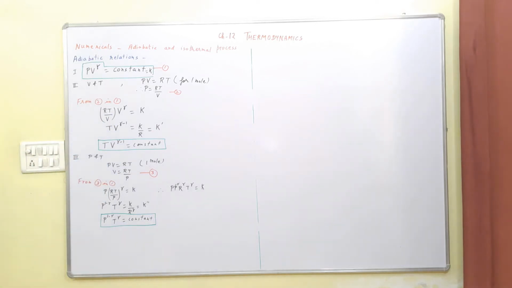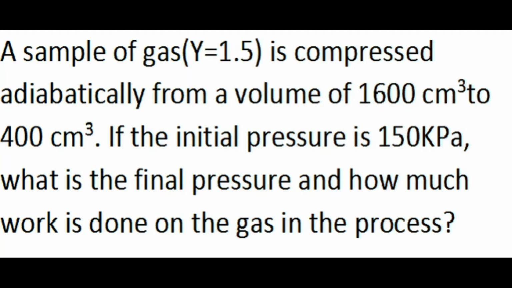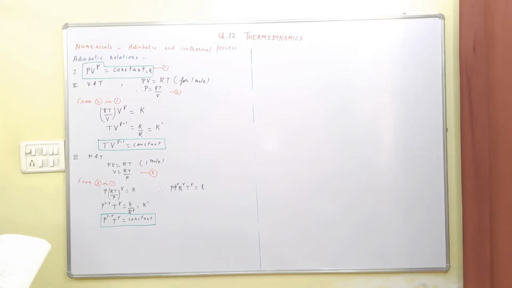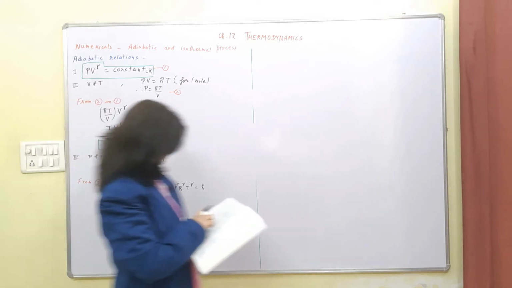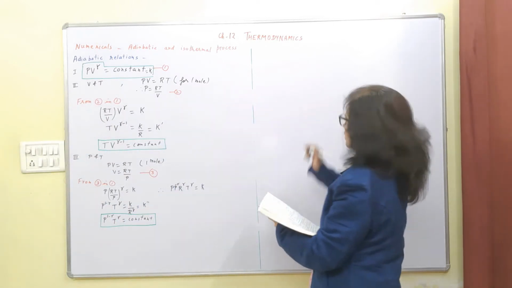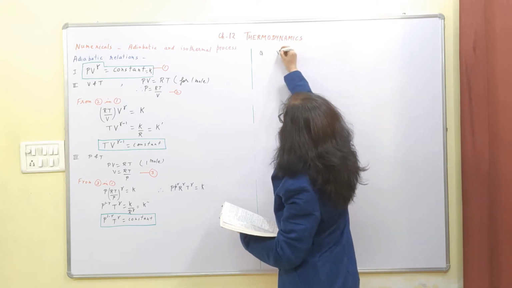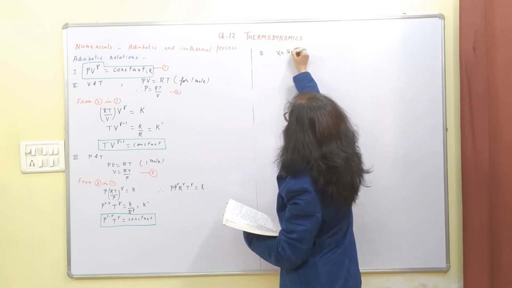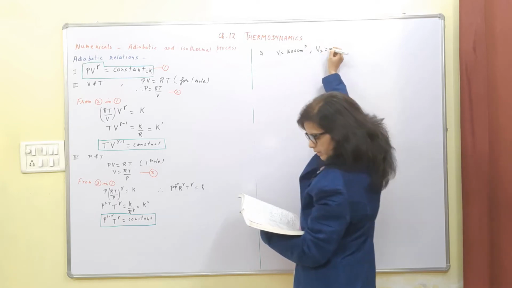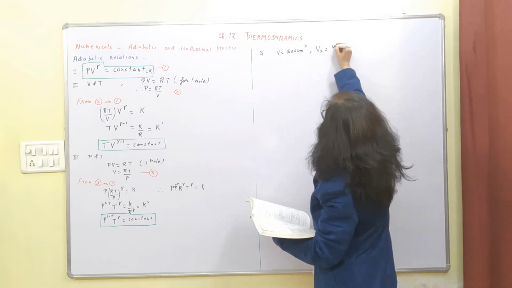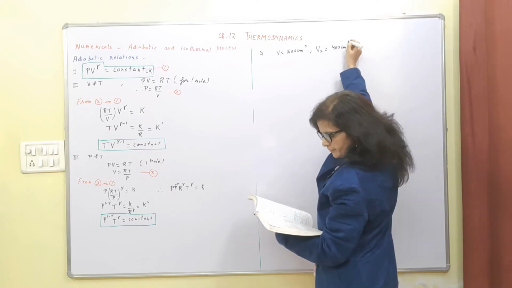Now we'll take some questions. A sample of gas is compressed adiabatically from a volume of 1600 centimeter cube to 400 centimeter cube. So that means the initial volume is given, V1 is equal to 1600 centimeter cube, V2 is equal to 400 centimeter cube.